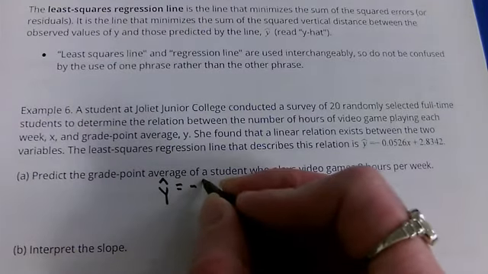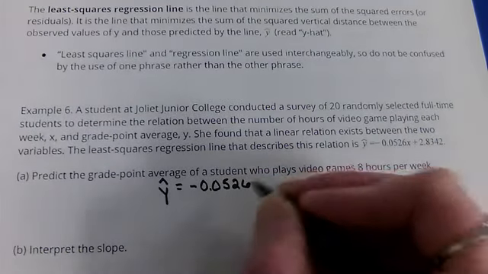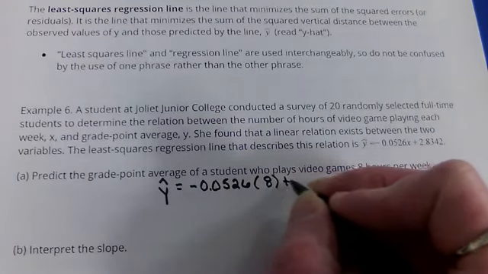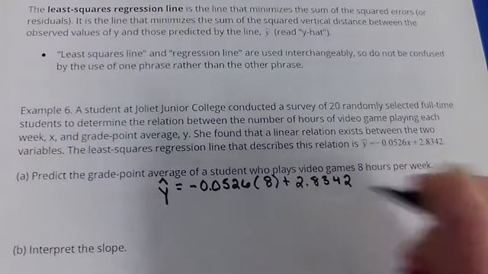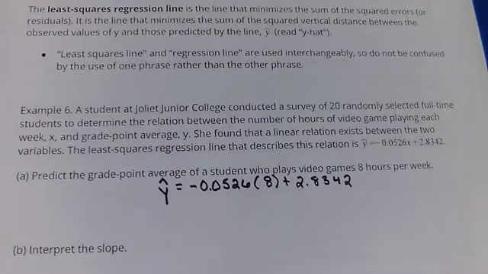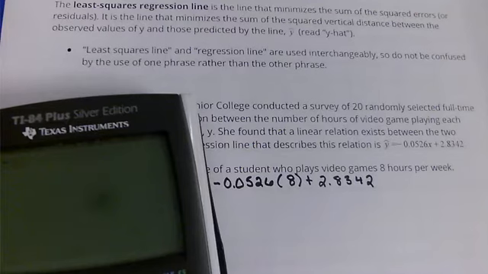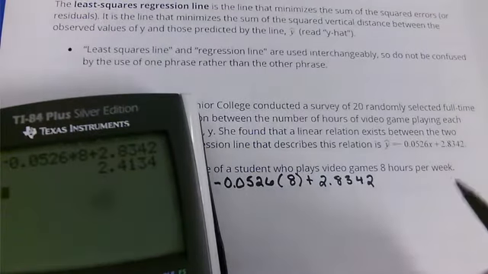So this equation was y-hat equals negative 0.0526 times x, so in this case that would be times 8, plus 2.8342. So we would put that in the calculator. Let's see, negative 0.0526 times 8 plus 2.8342. And we get 2.4134.